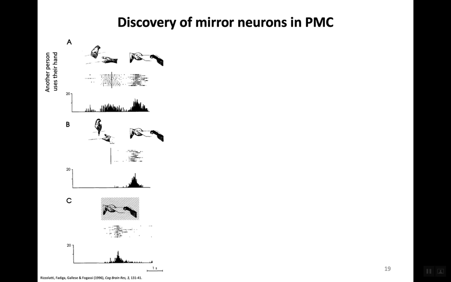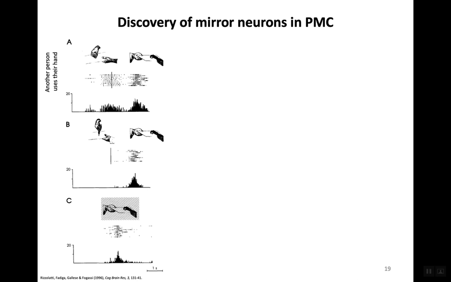So let's look at these examples of diagrams from one of the early papers in the 90s. The first diagram shown here at the top reveals that one neuron fired when the experimenter, a human presumably, picked up a piece of food, let's say a raisin, from a table or from a tray, but then the same neuron was also responding quite vigorously when the monkey picked up the raisin from the tray.